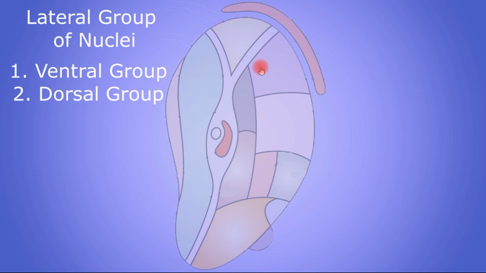Ventral, as we can say, is anterior, and dorsal is posterior. When we see the horizontal section of the thalamus, this part is the anterior part and this part is the posterior part. So in the lateral group there are two groups: the ventral or anterior group, and the dorsal or posterior group.